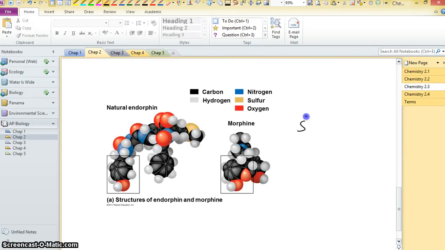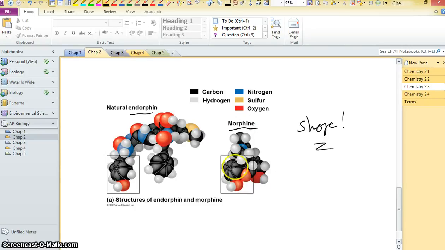Compounds, shape is very important. For example, in this here we see endorphins, these molecules we produce. These are sometimes described as natural painkillers. Here's morphine, which is derived from poppy plants.